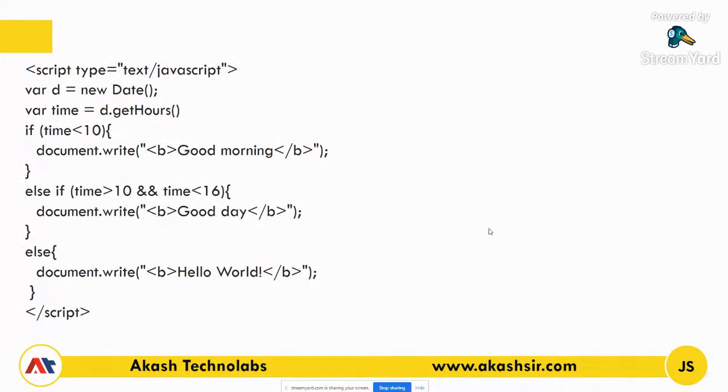So if you want to print a message like this: if time is less than 10, you can print good morning. If time is greater than 10 and time is less than 16, then good day, else hello world, right? So you can check multiple conditions like this: if, else if, and else.